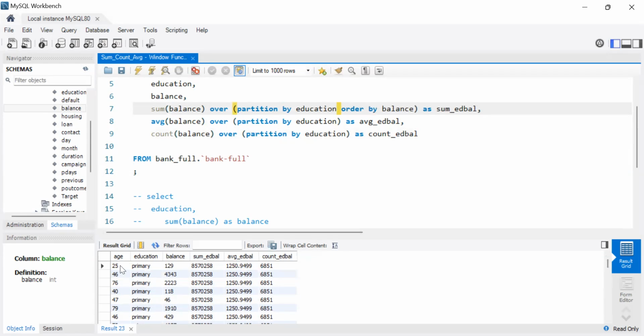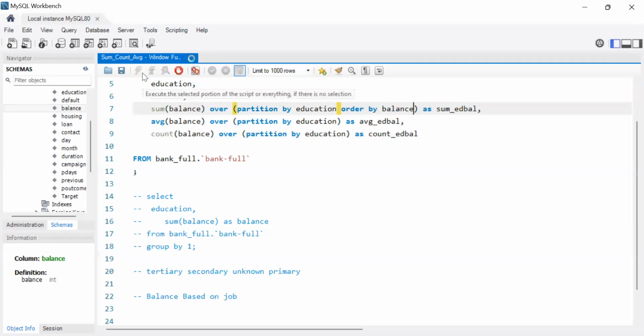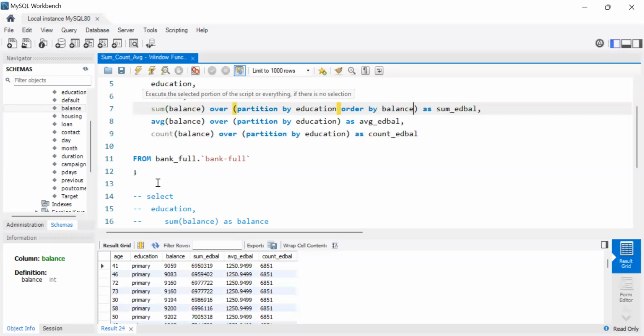As you can see, person 25 is the first one here with 129. So if we run this, what is going to happen? As you can see, person 25 is no longer the first person. It's ordered by balance.